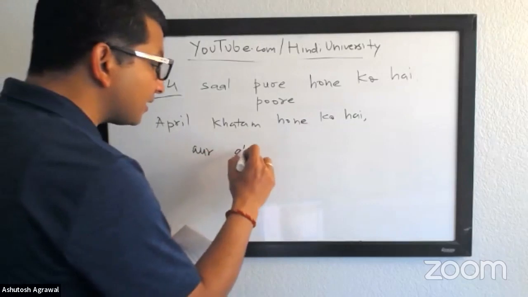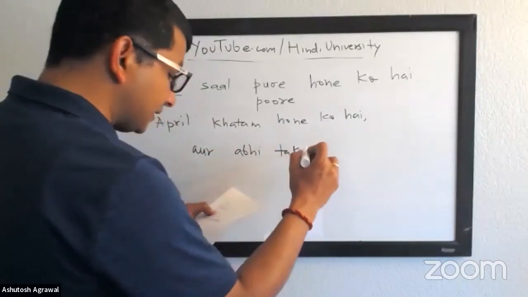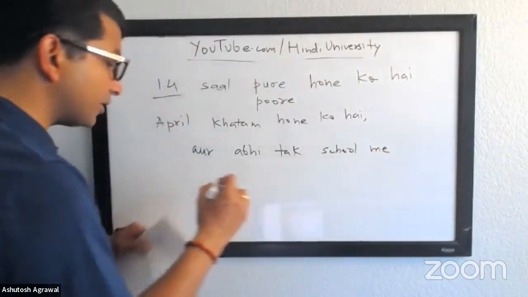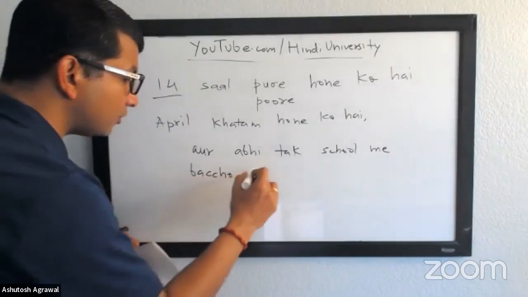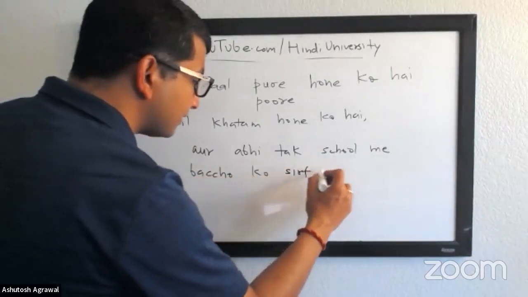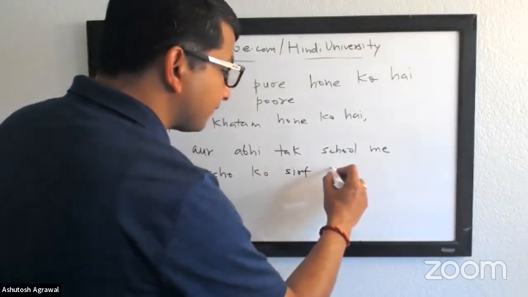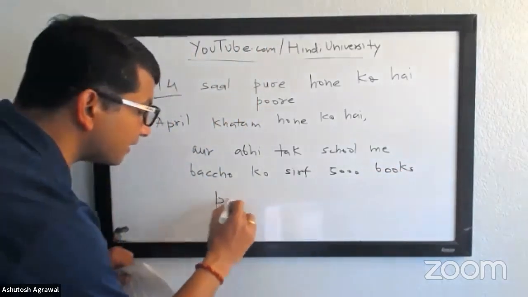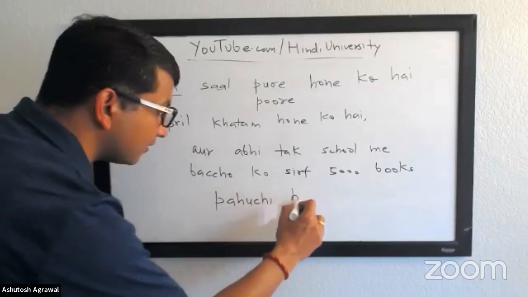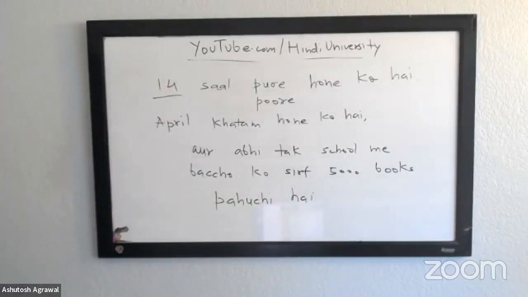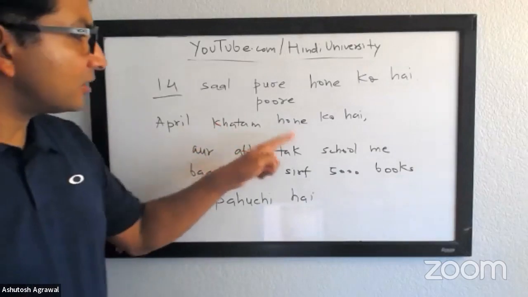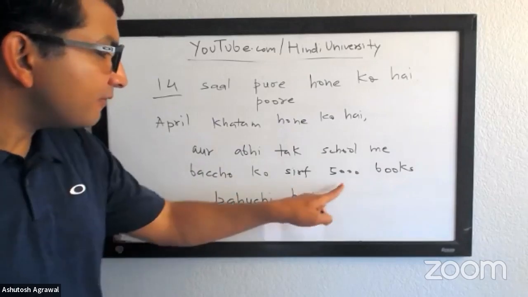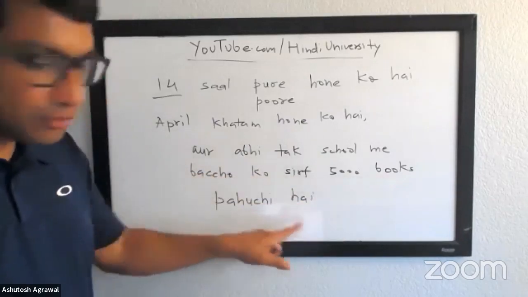"April खत्म होने को है और अभी तक स्कूल में बच्चों को सिर्फ 5,000 बुक्स पहुंची है." This is a longer one.